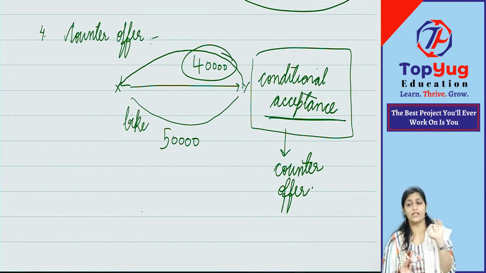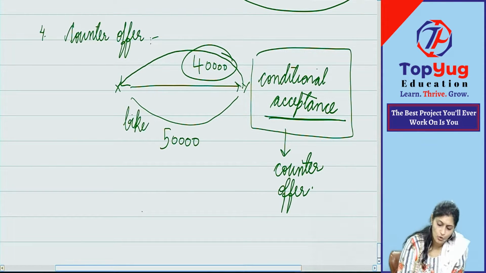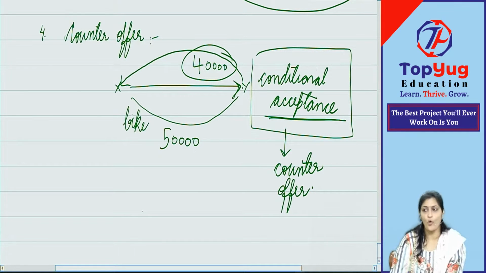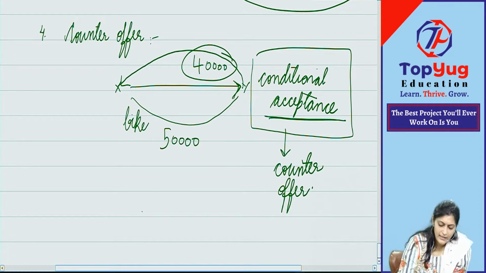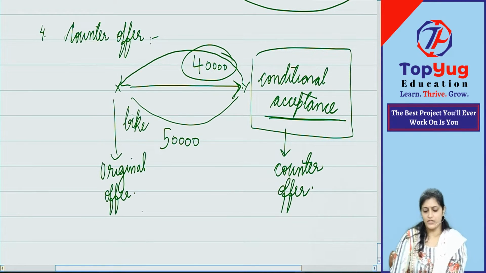Now, listen to this very carefully. The proposal given by X to Y is known as the original offer.